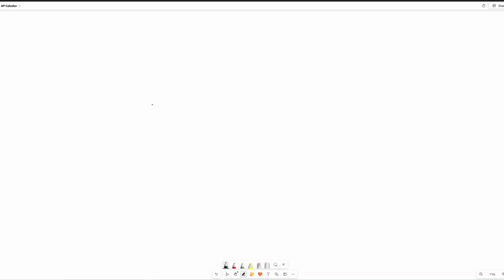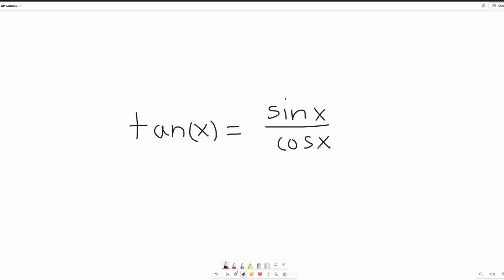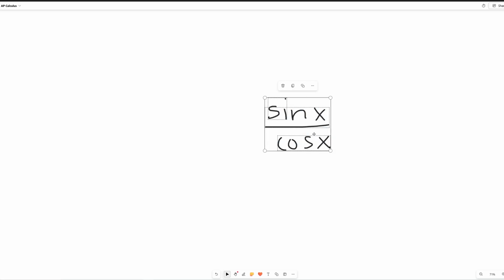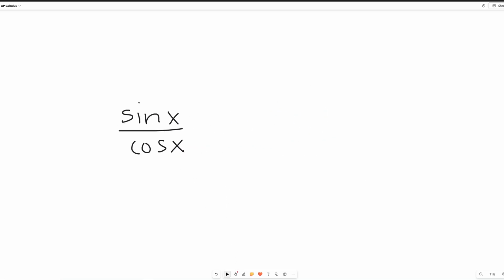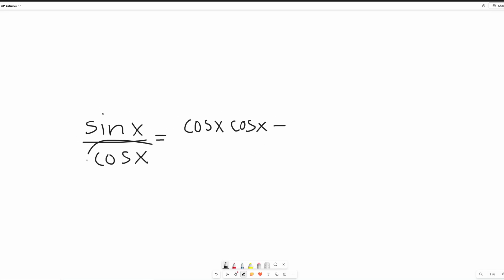Now, derivative of tangent is not something that you specifically need to memorize. It's actually something that you derive. Tan of x is just sine of x over cosine of x. So this, think about it for a second, we could take the derivative of this. We know how to. This is the quotient rule. So we're just going to have the low function times the derivative of the high, so cosine x, minus high derivative of the low.